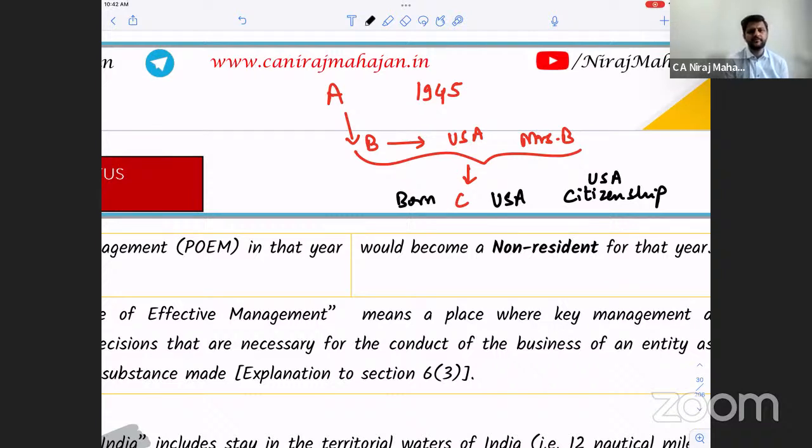It may happen that B and Mrs. B may feel that our child C should see Indian roots, should maybe go and visit our other relatives. So they are given this exception of replacing that 60 days with 182 days. And the result of that is additional condition number 2 itself becomes obsolete. Obsolete means not applicable, not relevant. Tell me, understood everybody?